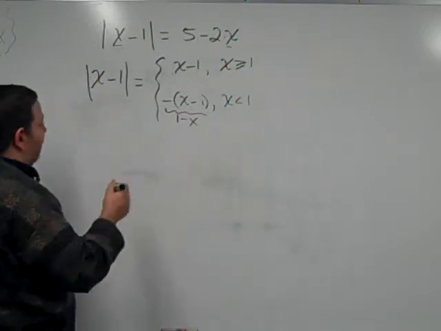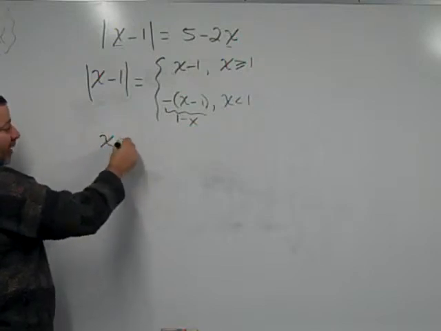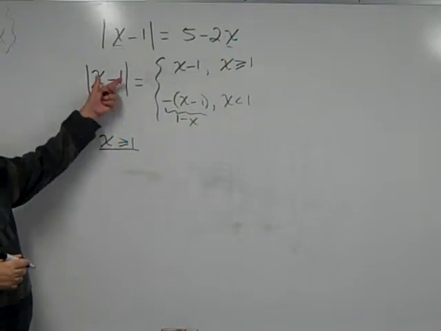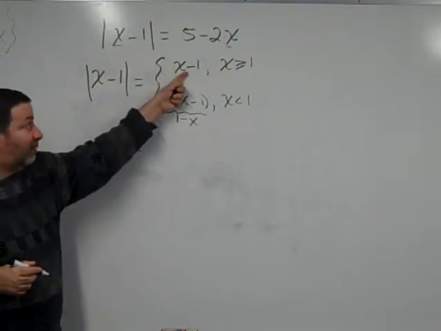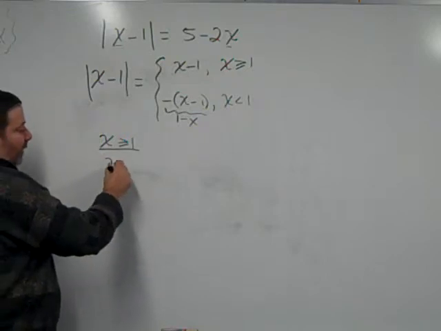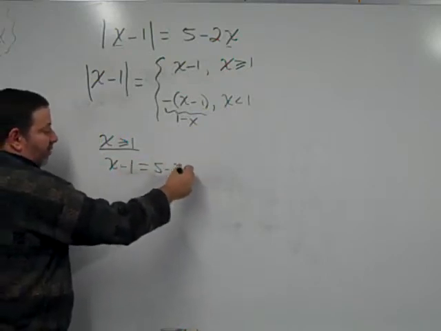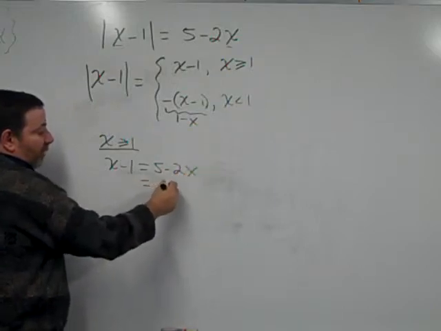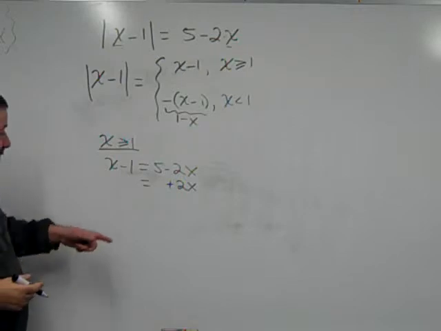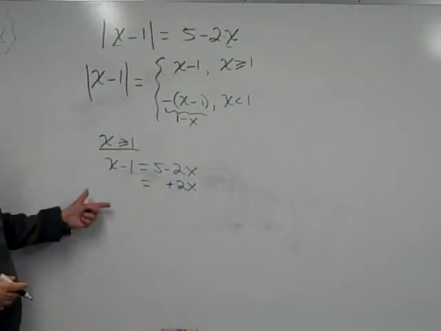Okay. So we're going to have two cases. Case 1, where x is at least 1. That means this is x minus 1. This is just x minus 1. x minus 1 is equal to 5 minus 2x. I'll bring all the x's to the left side because the left side has more x's. Whenever I say left and right, I mean with respect to the equal sign.